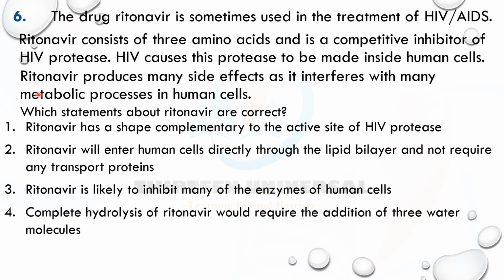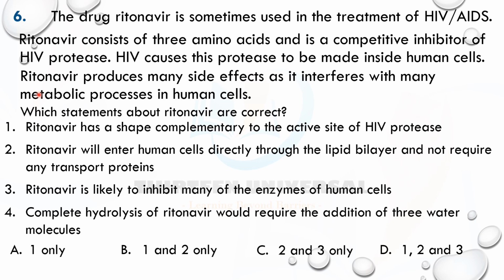So what do you think is the answer? Let's look at it again. It says it is used in the treatment of HIV. It consists of 3 amino acids and is a competitive inhibitor. So they mentioned some important clues.